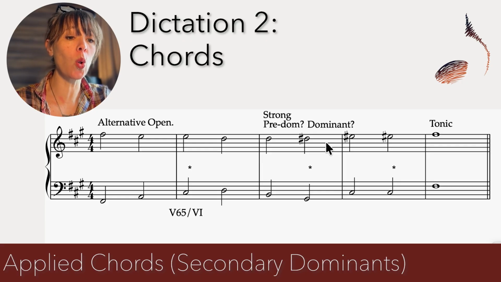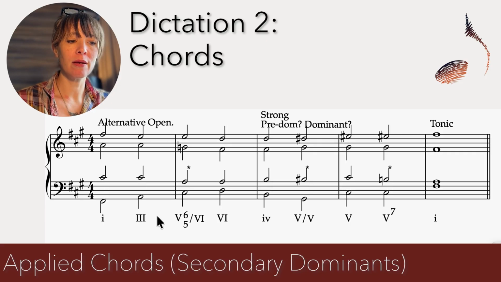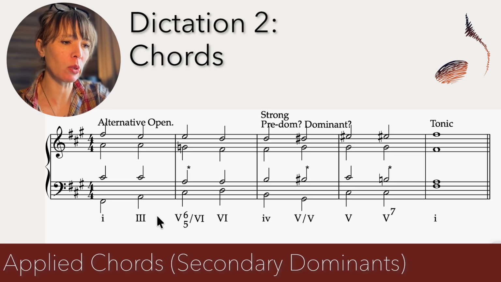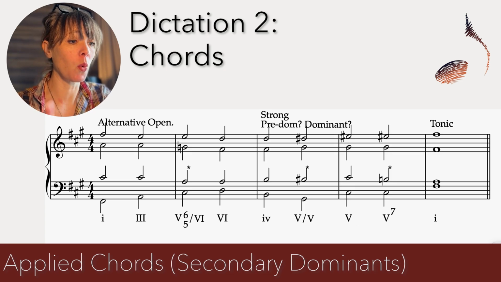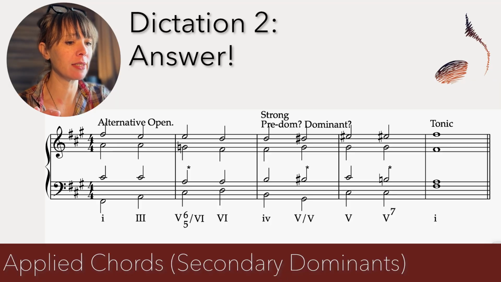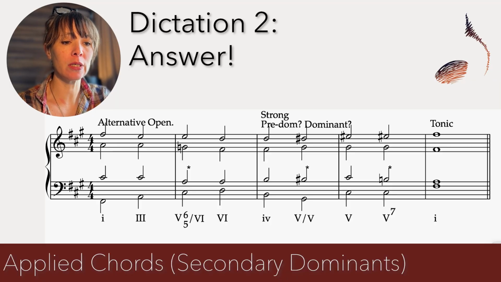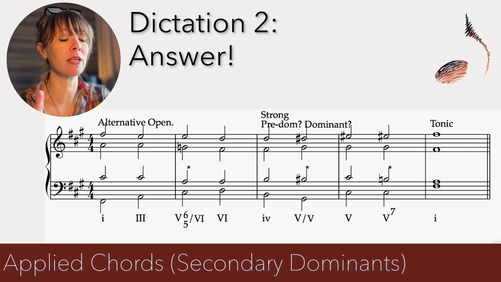Let's take a look at the whole thing. And 3, 2, 1, here you go. I'm actually gonna have it play in the background while I talk through this. 1, major 3, 5, 6, 5 of 6, 6, minor 4, 5 of 5, 5, 5/7, 1.